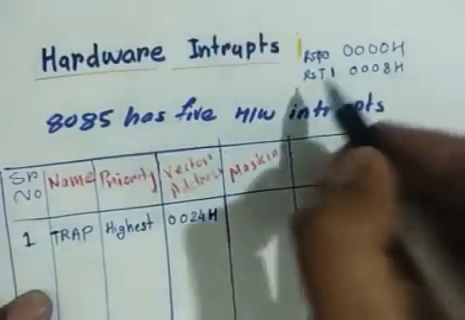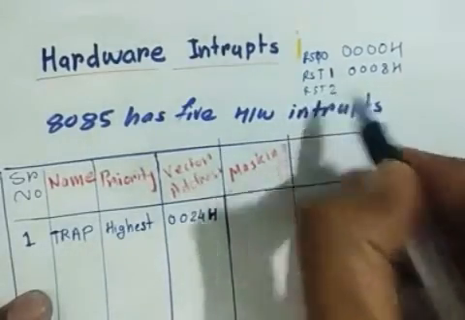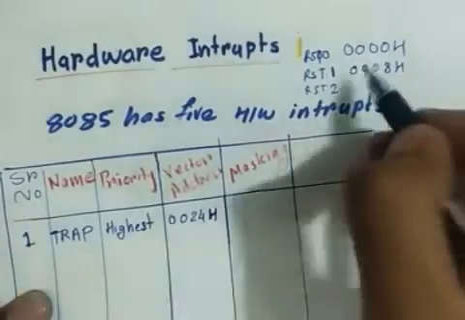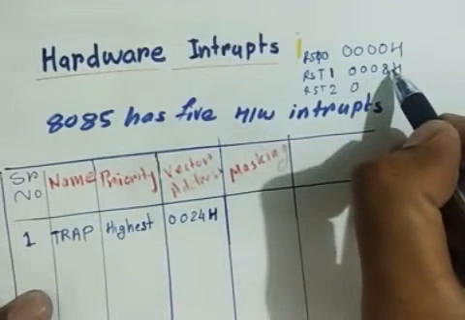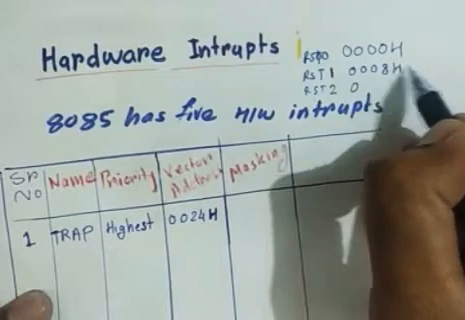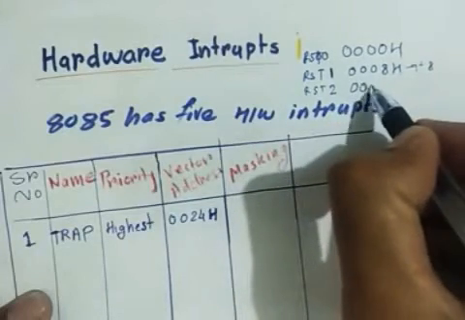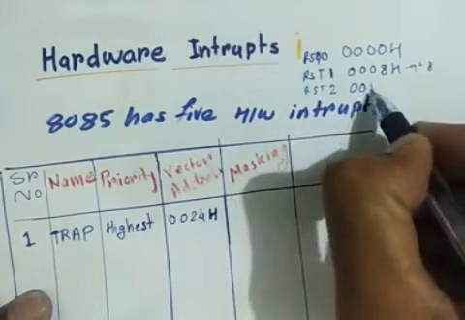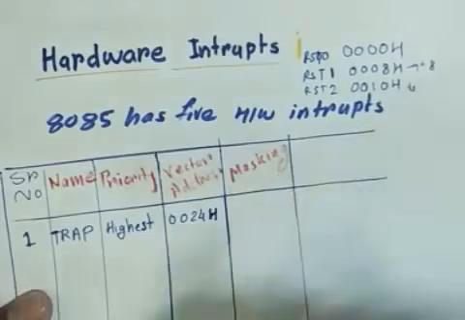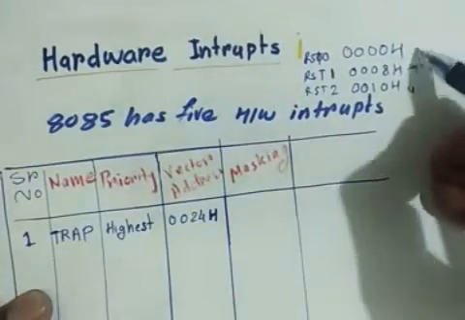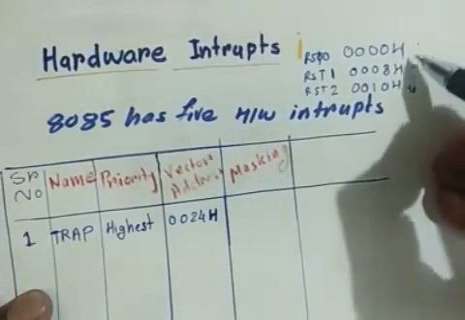Similarly for RST2, if we add 8 to this address, then in hexadecimal this is 0010H. So there is a spacing between these addresses.